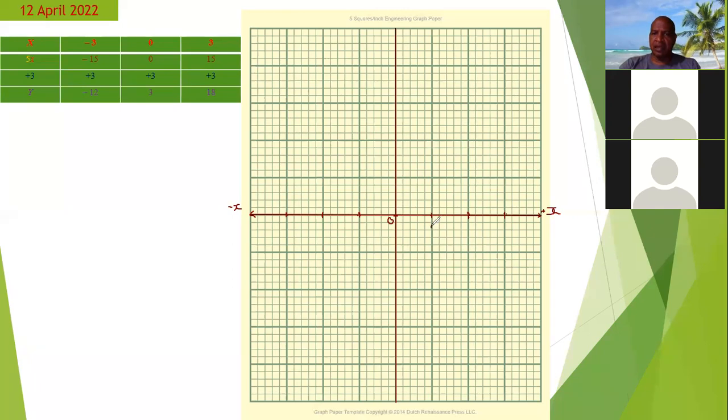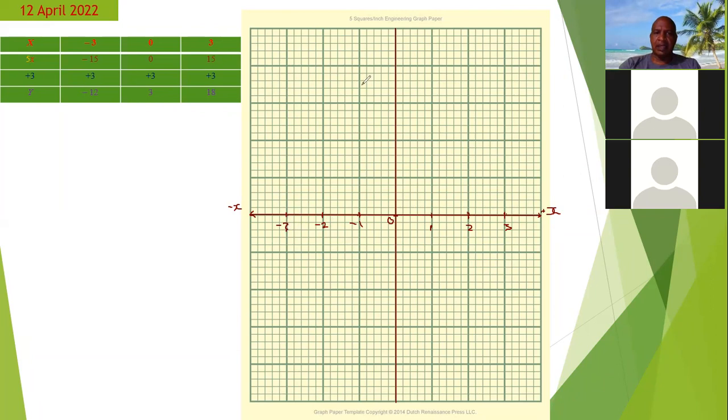So this would be 1, 2, 3. And to the left of the y-axis, we're going -1, -2, and -3.